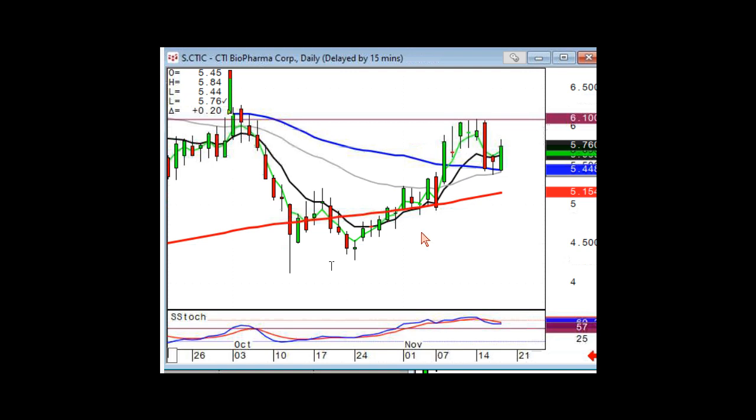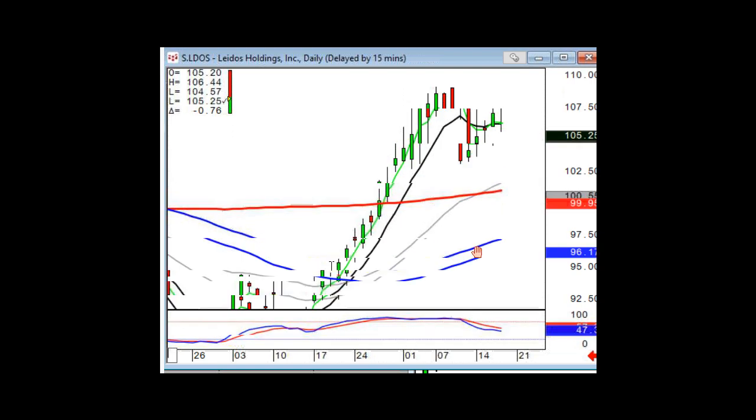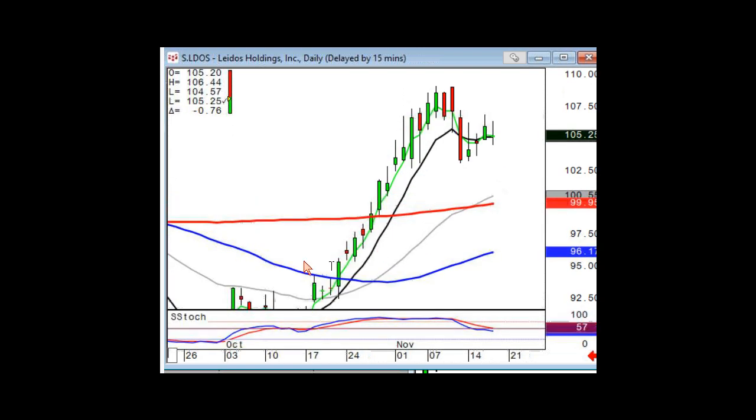So what did we have today? One of them was LODS. Our strategy was if it opened positive, we wanted to be buying. There's a J hook. Well, it opened down here, so it didn't execute.